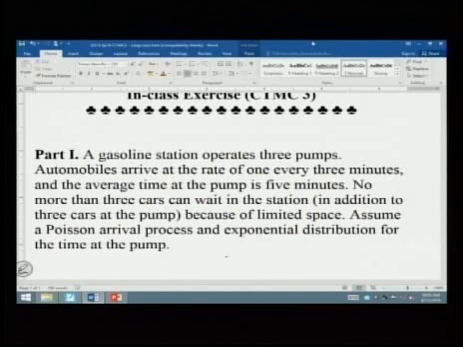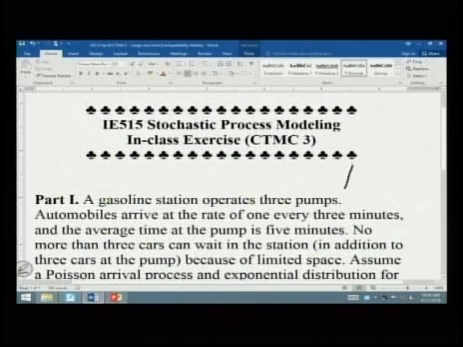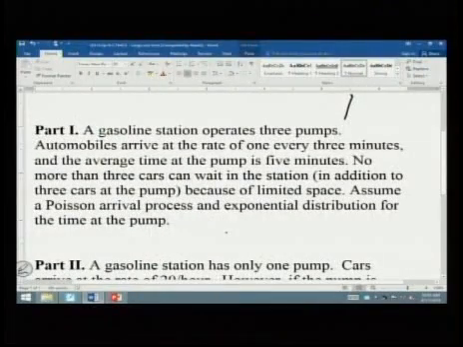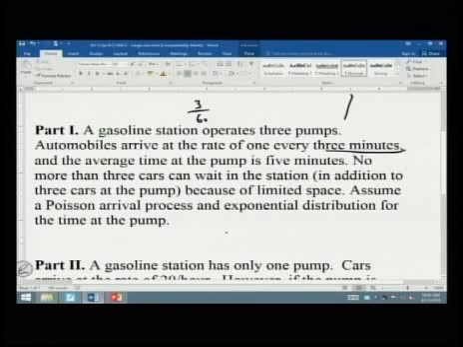So how many 3 minutes do we have within 60 minutes, which is 1 hour? 3 minutes is 3 over 60 hour, right?